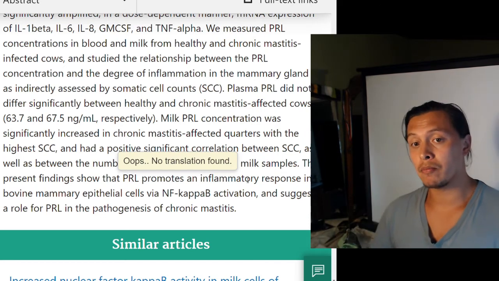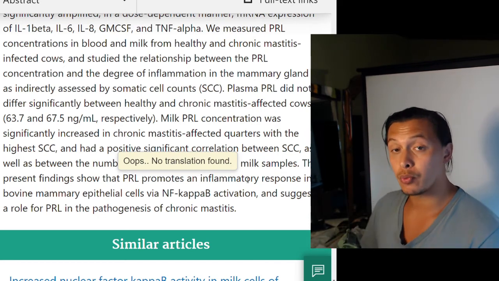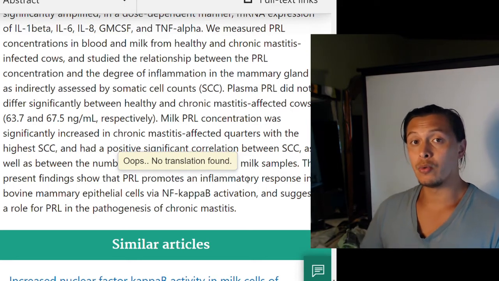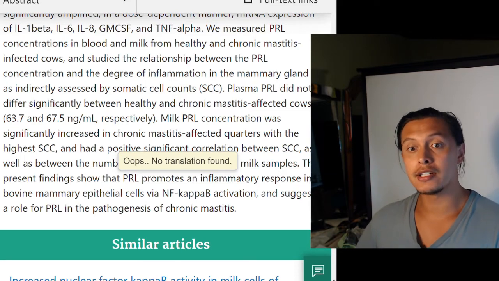So this is what I'm worried about, is that this autoimmune disease that would be the result of creating an antibody of the wrong type, that it would cause elevated prolactin levels, which would cause more inflammation down the road.